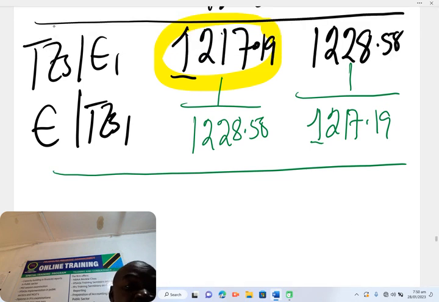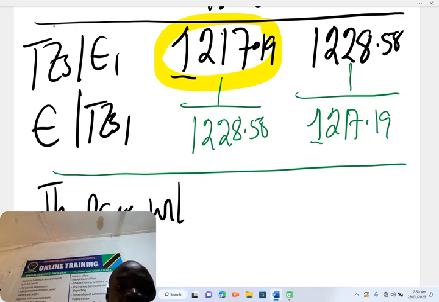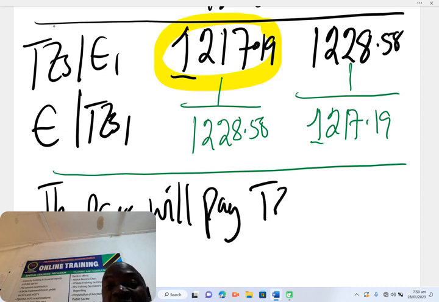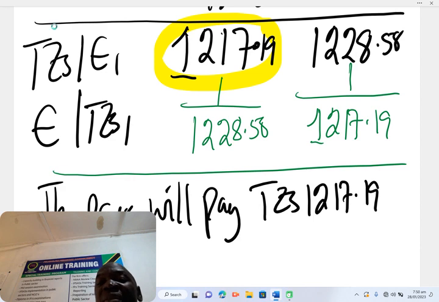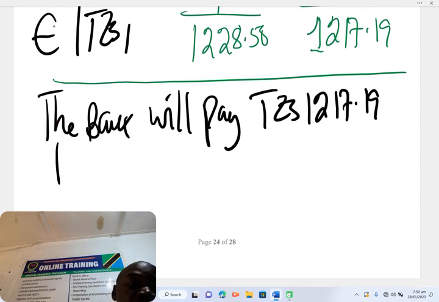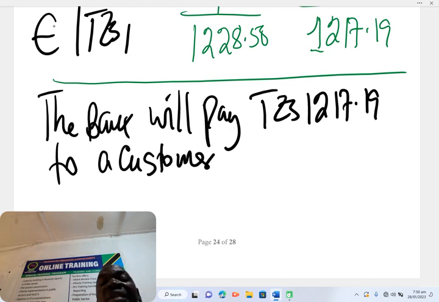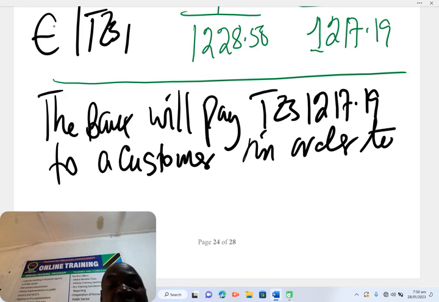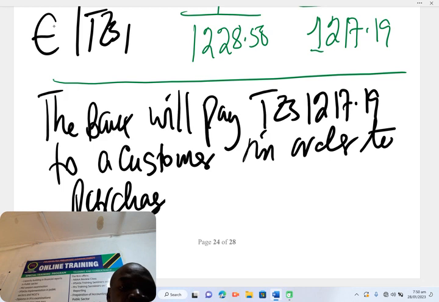That's what I'm saying: the bank will pay TZS 12.7.19 to the customer in order to purchase 1 euro.